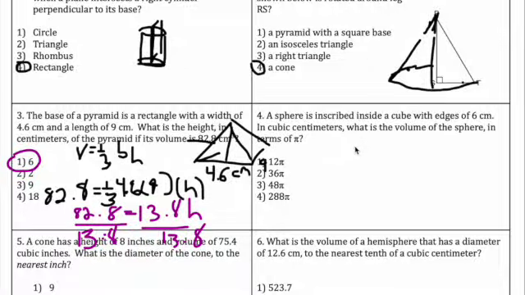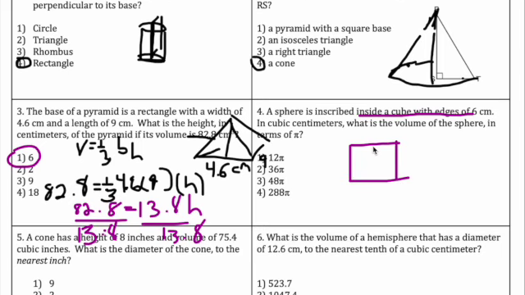So we have a sphere that is inscribed in a cube with an edge of 6 centimeters. We've actually seen a similar problem. Okay. All right, so this sphere is in this box, right?